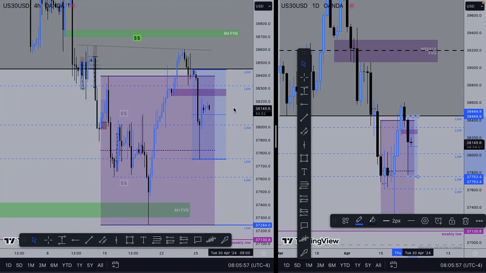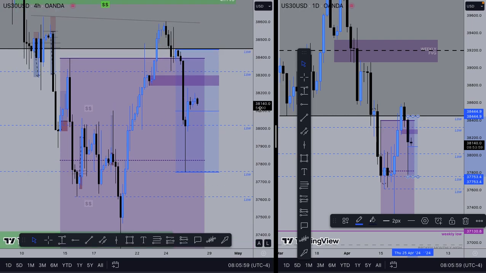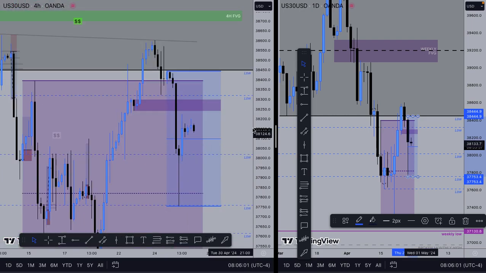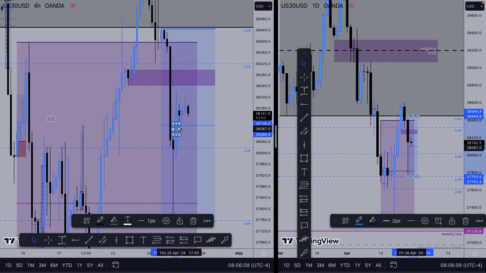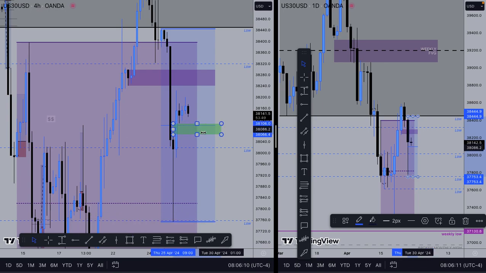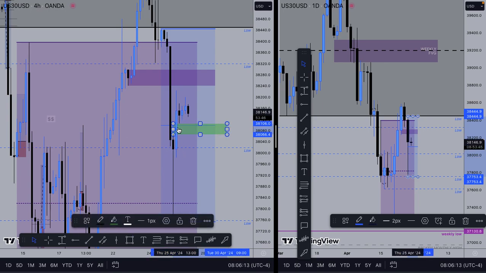So what I see for US 30, and I want to note everything that can act as support and resistance in a sense, right? So we have a gap here. Nothing was traded in between. We only had buying pressure. There was no sells offered on the opposite side.